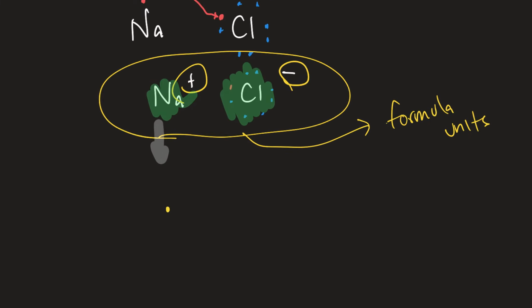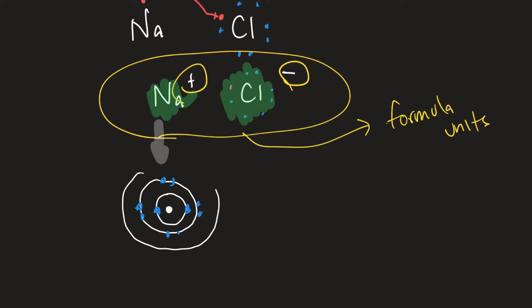If you draw the Bohr model of sodium, we see that its first row has 2 electrons. Its second energy level has 8 electrons. And then the neutral atom has a third energy level that only contains 1. Well, when sodium loses the electron to the chlorine, so chlorine can become a chloride ion, this whole outer energy level disappears, right?